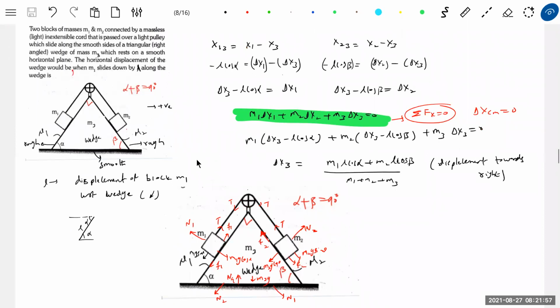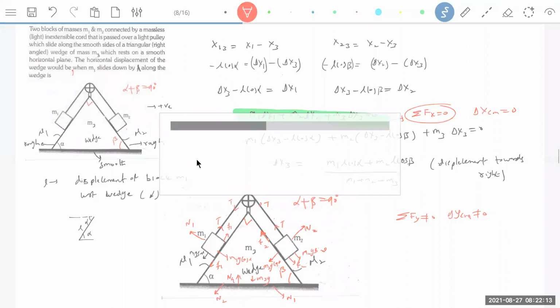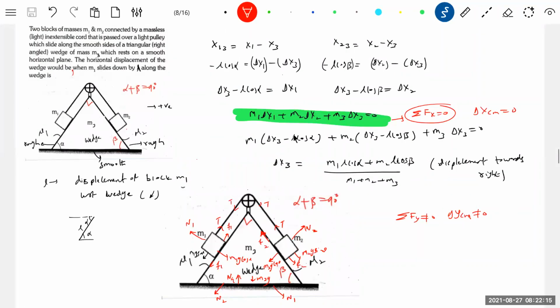Yes, net force on system along y-axis is non-zero. This is what happens. The use of formula, a student must know how to use that formula. Very, very, very important.